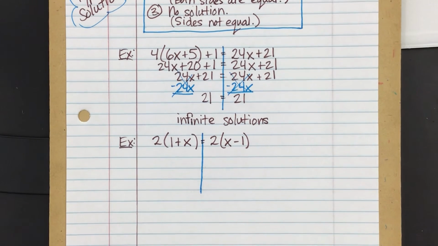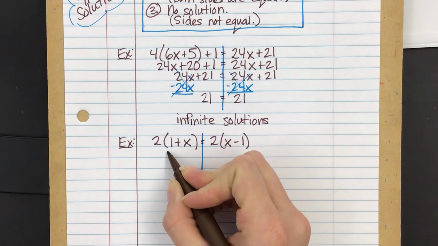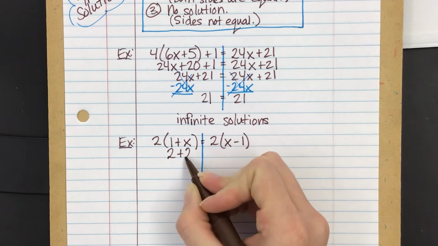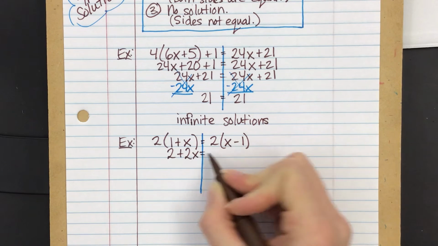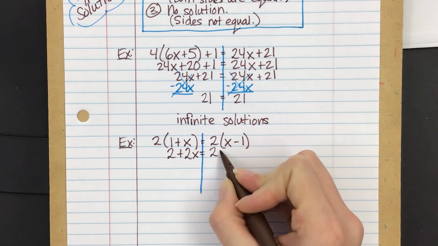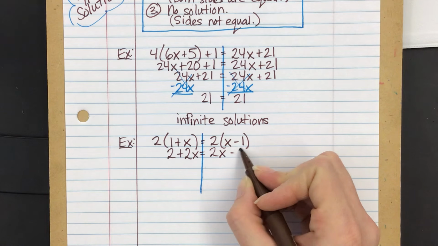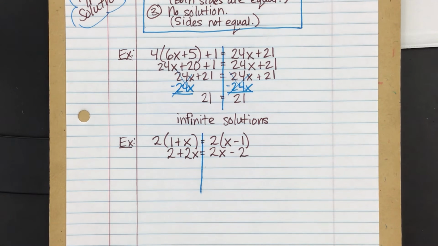We're going to distribute. So this will become 2 plus 2x is equal to 2x minus 2. Again, they're still looking pretty similar. So if I want to be doubly sure of my solution, I'm going to keep solving.